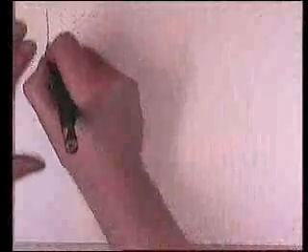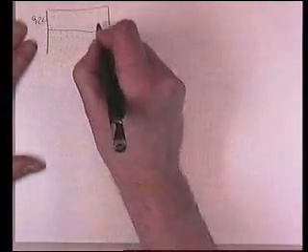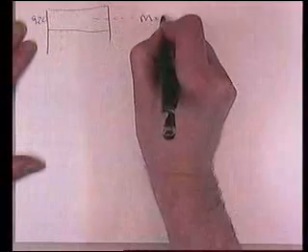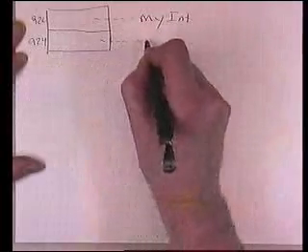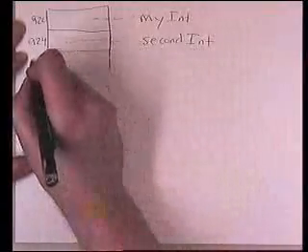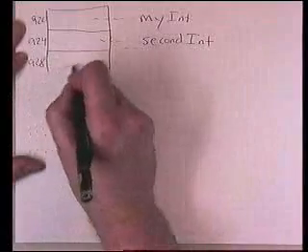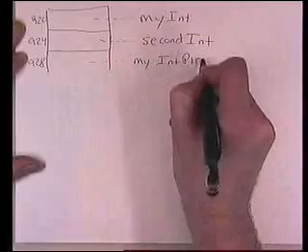And now let's look at essentially the same diagram we had before, where I have here, once again, A20 will be where my int is stored. A24 will be where second int is stored. And A28 will be where my int pointer was stored when we declared that variable.